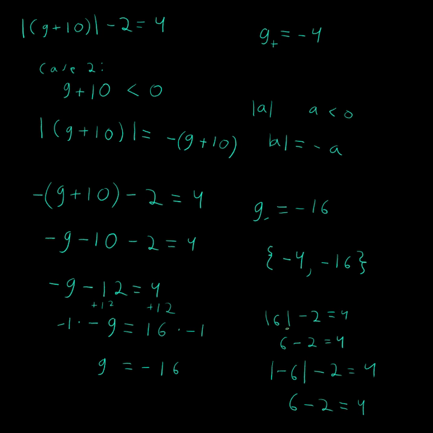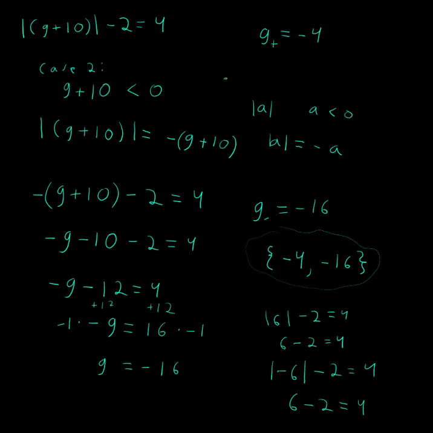Great. We got both of the possible solutions right. So this is the solution set for g, the possible values for g for this equation. So you can see here these equations require a little bit more time because we have to work through both cases. So that's important.